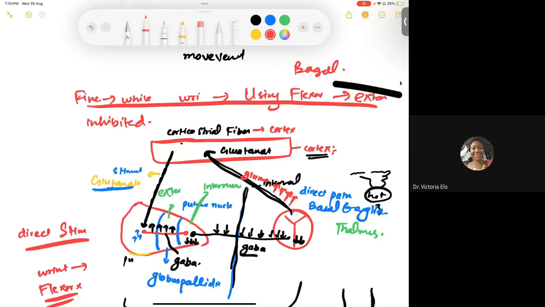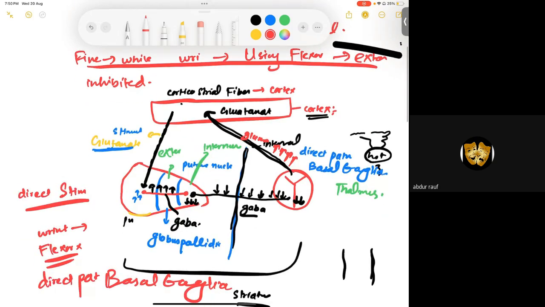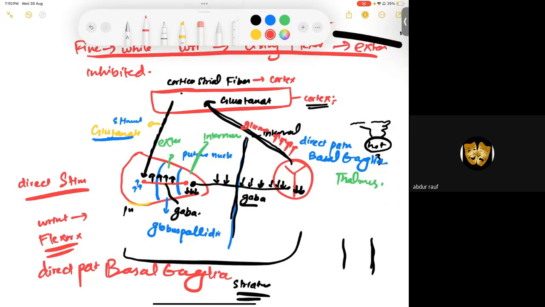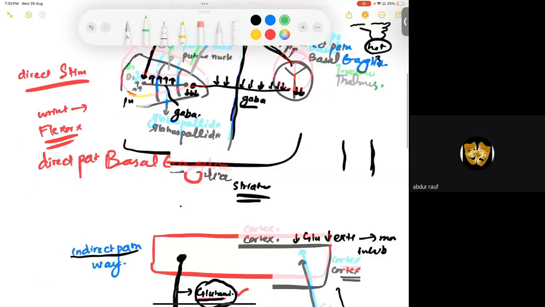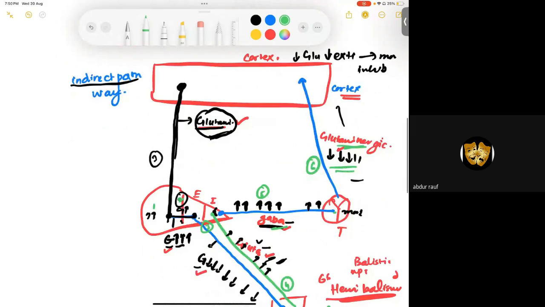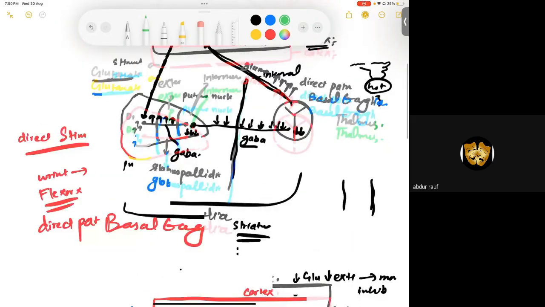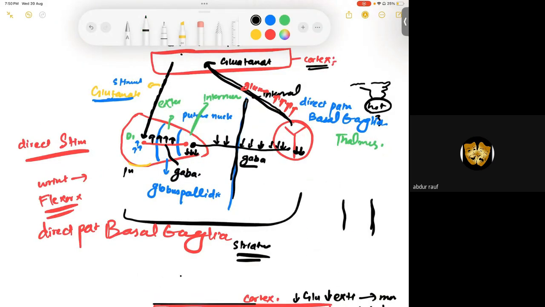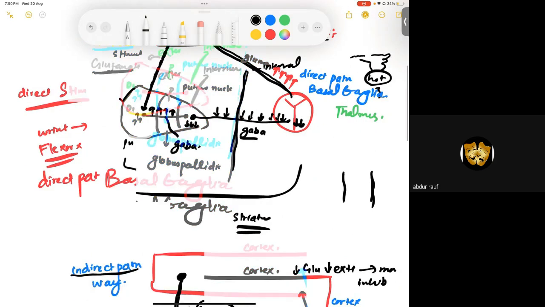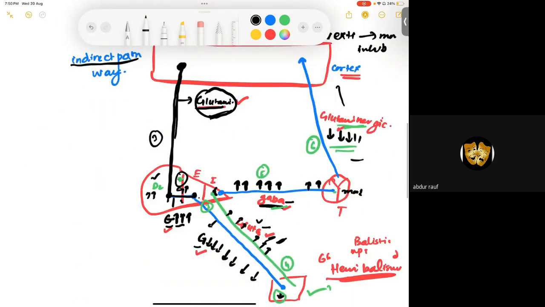Remember, we have two receptors here in the putamen as well, right? That is D1 receptors and D2 receptors. So on the direct pathway, we have D1 receptors, okay? And on the indirect pathway, we have D2 receptors.